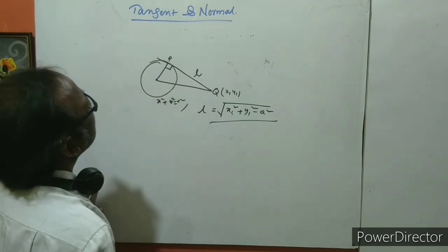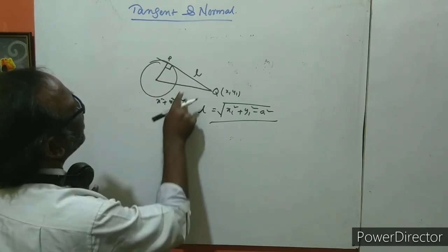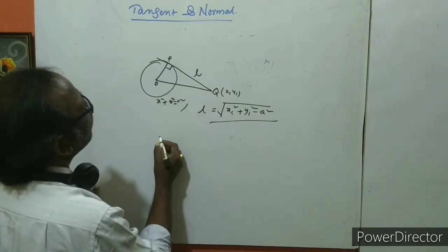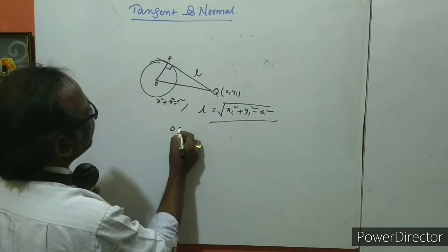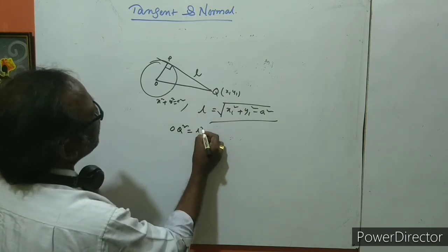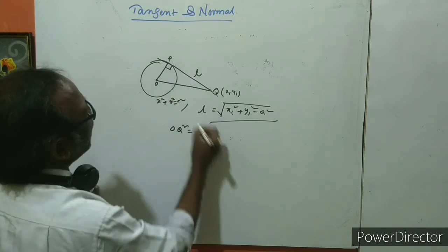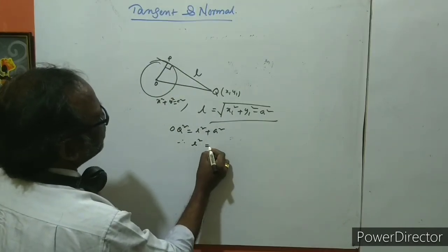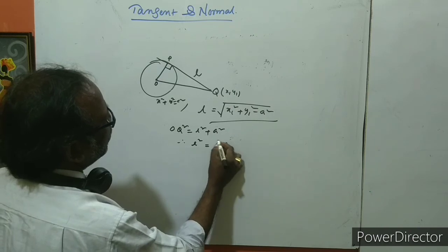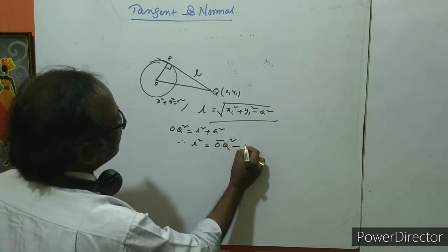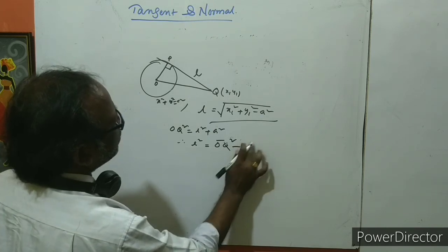So this is the 90 degree, and then this is the hypotenuse we can write here. So the hypotenuse, we can say that is OQ. So this is OQ square, and that is equal to L square plus a square. Okay, and that is L square is equal to OQ square minus a square.